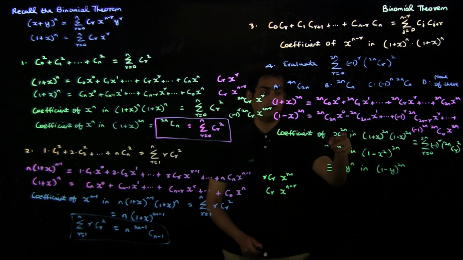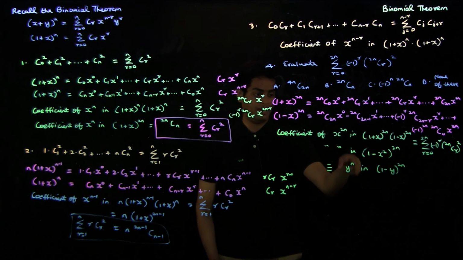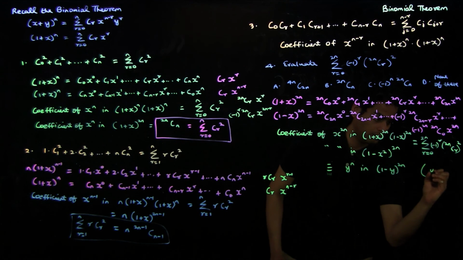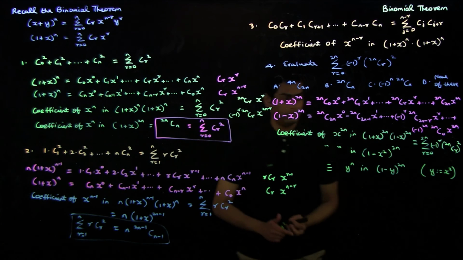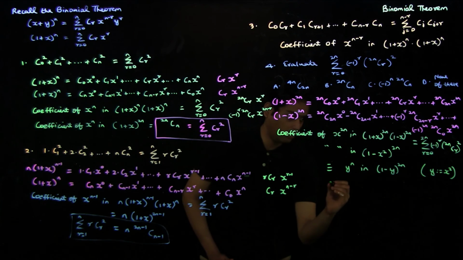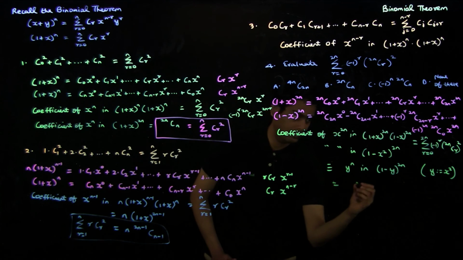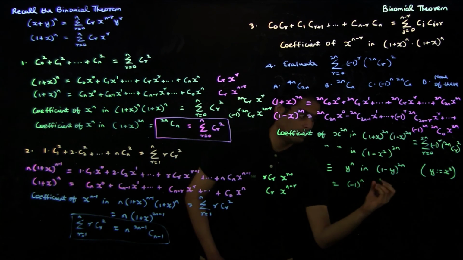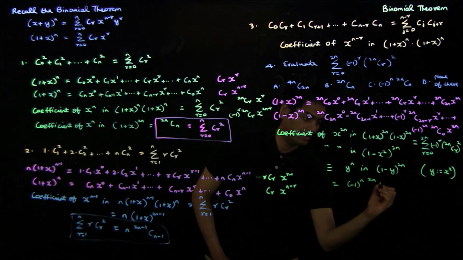And so this turns out from the binomial theorem to be nothing but minus 1 power n times 2n cn.